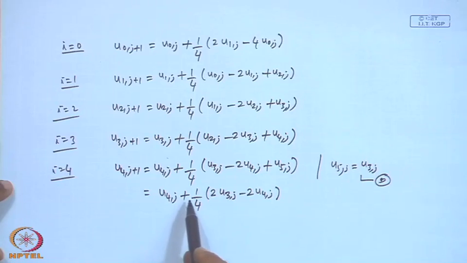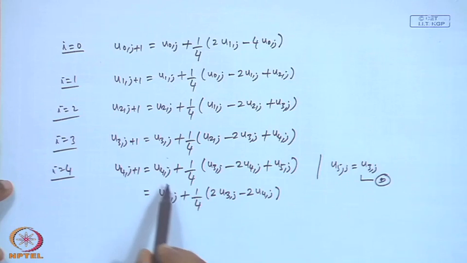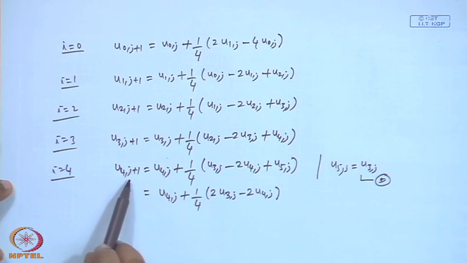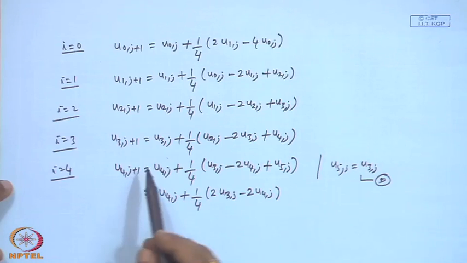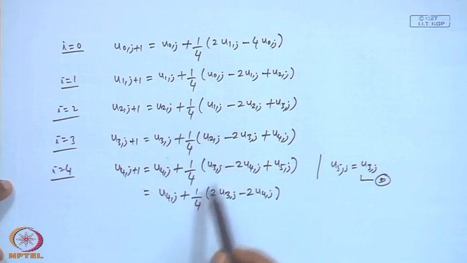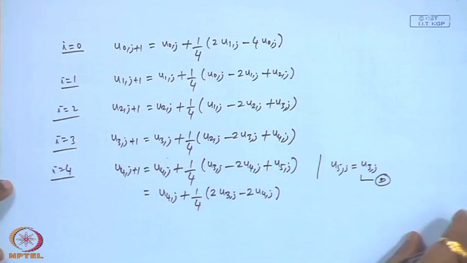So, now we have to start feeding the initial values to compute at the next time level. So, that means we fix j equals to 0 and compute the values at j equals to 1.